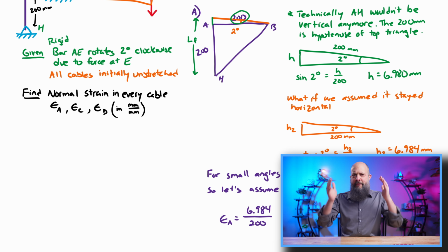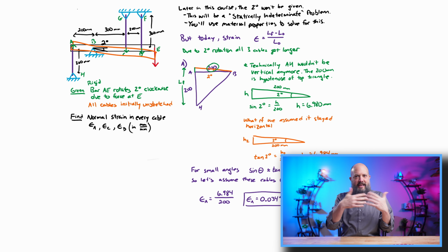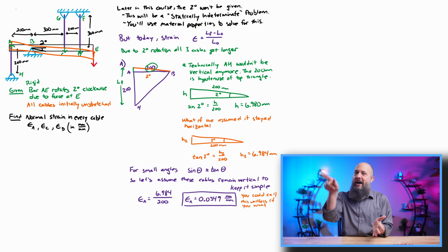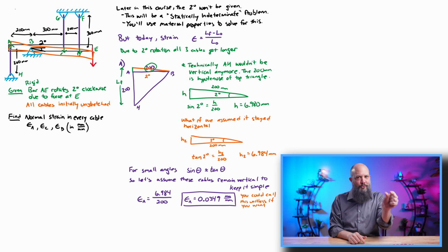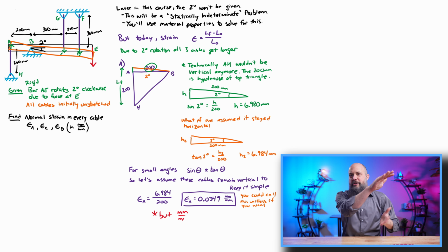However, I have a mental block against boxing a final answer at the end of my problem without units in it. Whenever I draw a box, if I have not boxed units, that sets off triggers in my brain like, you messed up. So, millimeters per millimeter is also a regular normal unit for strain.